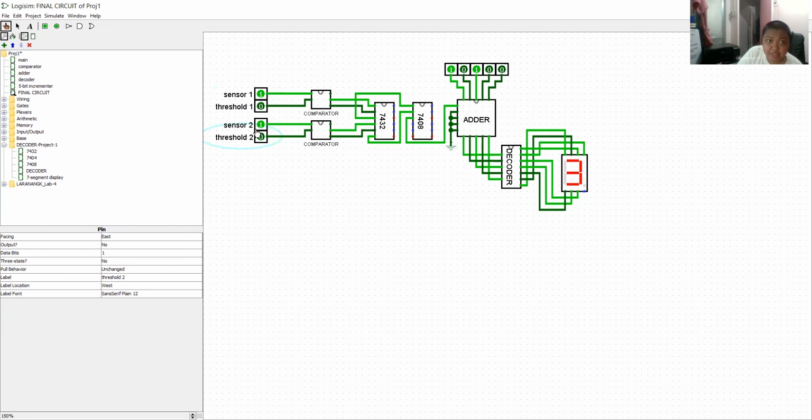And let's try 27. So 27 is 1 1 0 1 1. Instead of 3, it will increment to 4.